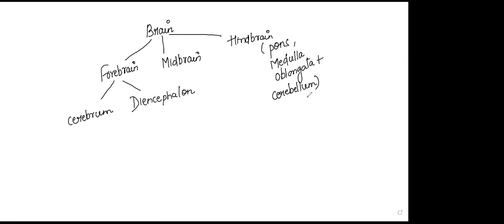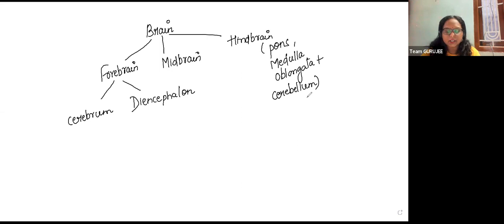Yes, ma'am. Okay, so the diagram is a bit twisted. You have to slowly try to capture it. As I told you, at the level of your 10th standard you have only cerebrum, cerebellum, pons, and medulla oblongata.